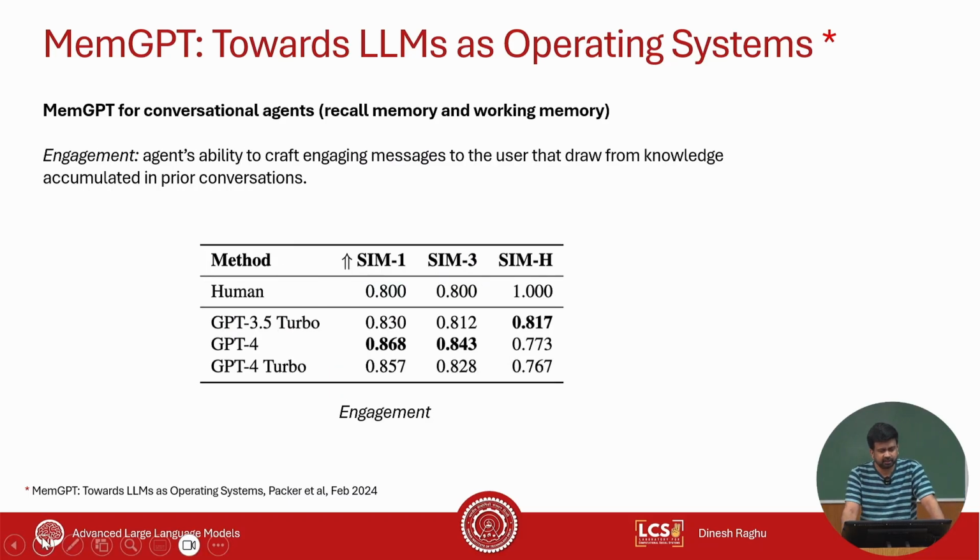Similarly, for engagement, what they say is that let's say that you already have 2 sessions or 3 sessions. Now, for the 4th session, how would you initiate? Right? So the more engaging it is, the better it is. So what they did was they asked humans to write a sort of conversation starter after that many sessions, and they also have access to personas.